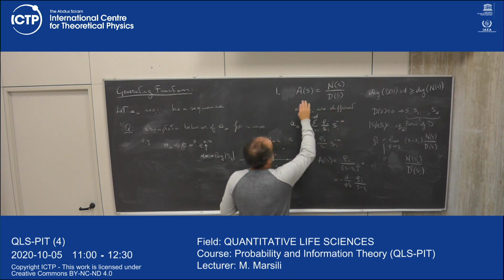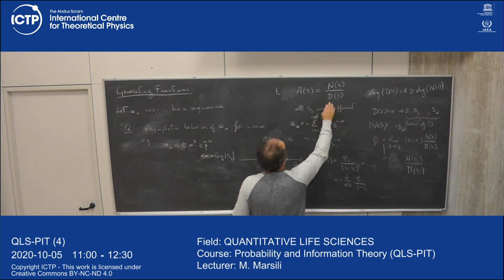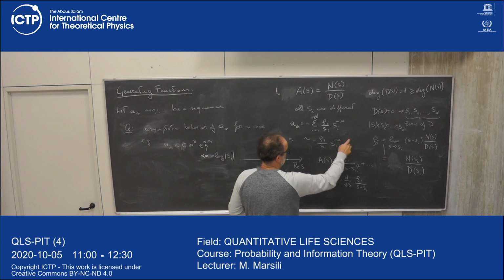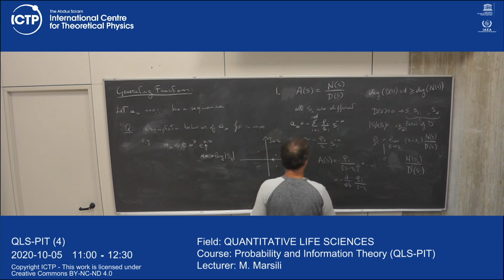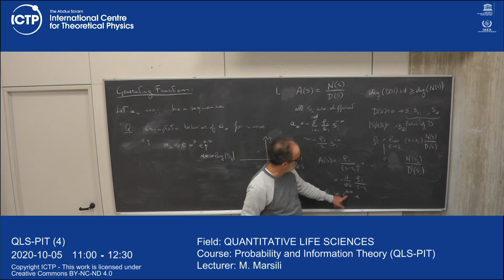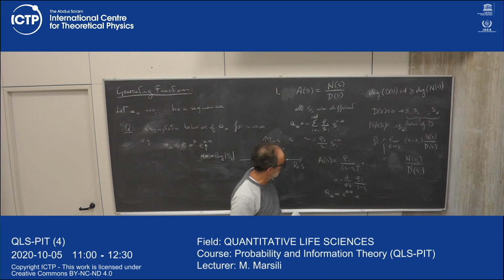But we have seen that the leading behavior of this series was this times S to the n. So when I take the derivative with respect to S, what I get is that the leading behavior of an becomes proportional to what it was before, e to the alpha times n, times a factor of n, because I've taken a derivative with respect to S.